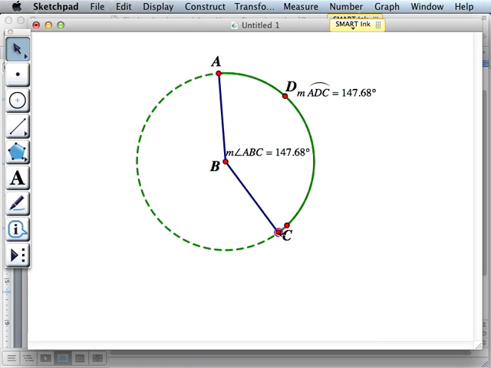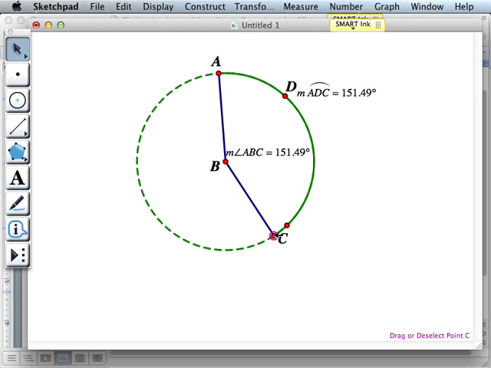As I move this around, what happens to the angle and the arc? Well, they stay exactly the same. So here we have minor arc, minor arc, minor arc, and then it becomes a major arc. Still these are the same. When I move it over here, it messes it up a little bit because of how I have these labeled.